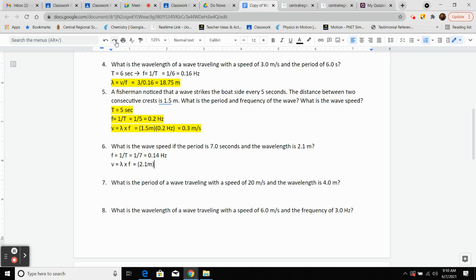We are going to do the wavelength of 2.1 meters times 0.14 hertz. And this cranks out a nice number of 0.294 meters per second.